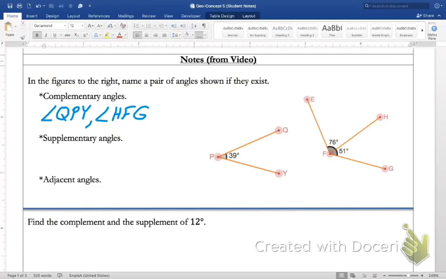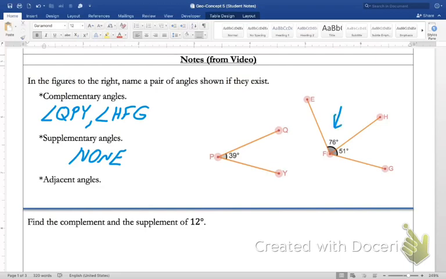Supplementary angles are angles that add up to 180. Well, there are three angles in the picture, and actually there's a fourth angle, this big angle, the 76 and 51 put together, but nothing adds up to 180, so there aren't any. Now, adjacent angles are angles that share a side and a vertex.